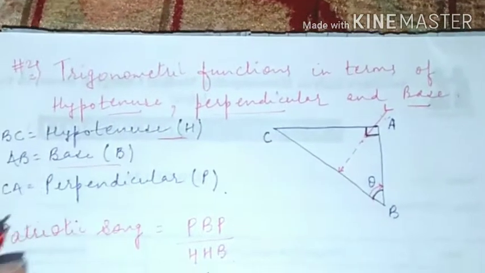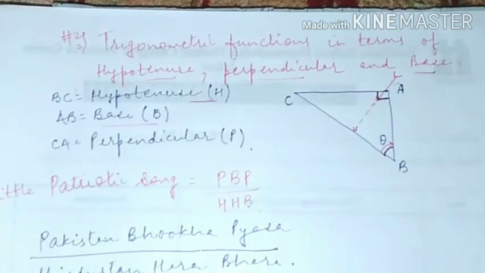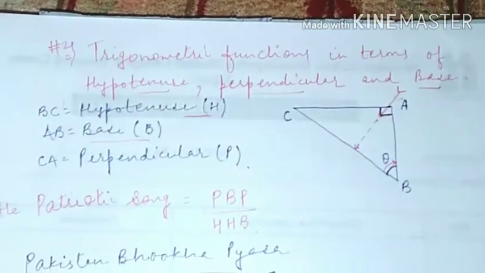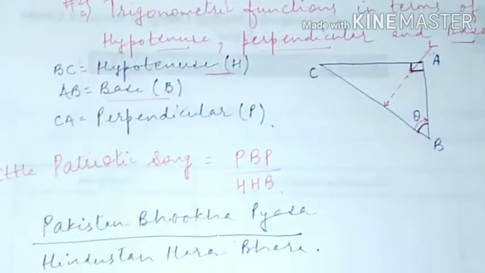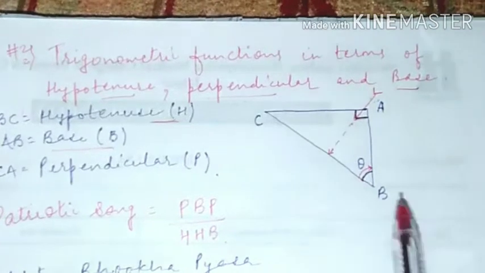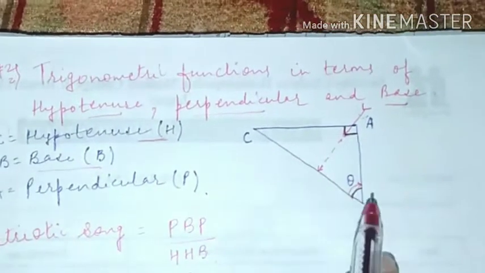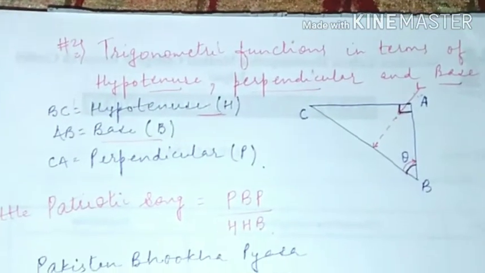So what you have to do is draw the arc of the angle theta, which is given to you in your problems of trigonometry, and the side you reach is known as the base.